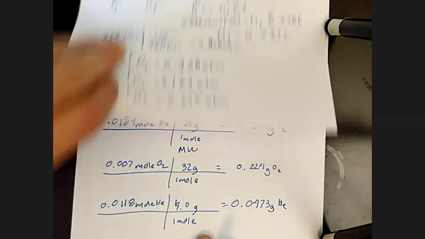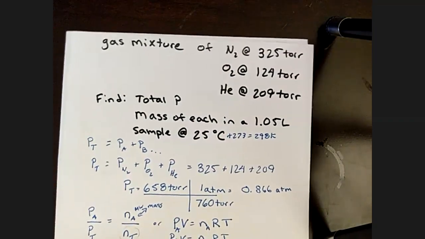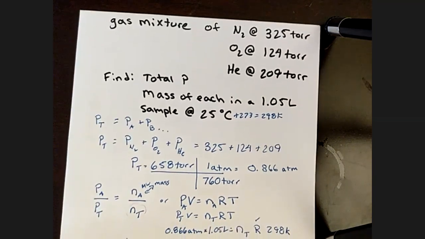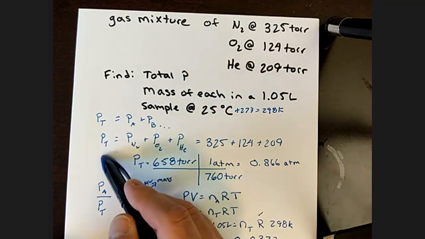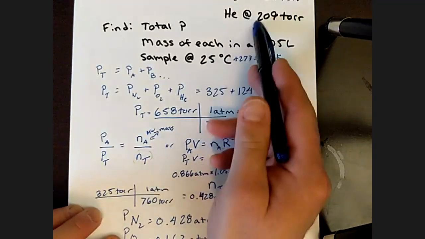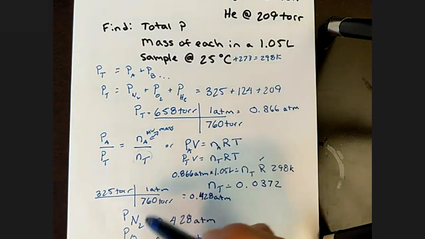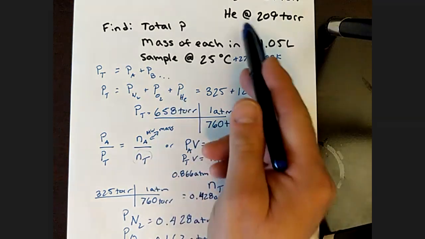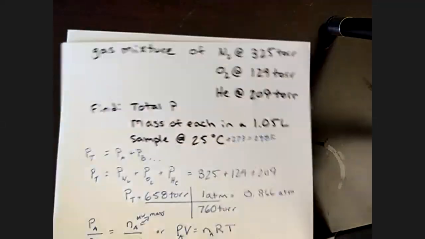If we're looking at a specific kind of test question, it may just ask individually, what is the total pressure? What is the mass of one of these? What is the mass of helium in this problem? So if you did this just for helium, obviously that demonstrates that you understand how that is done.